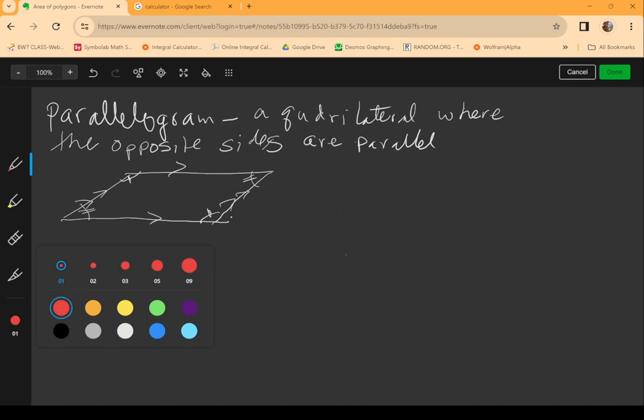So this side congruent to this side here, and then this side congruent to that side there, right? So opposite sides not only are they parallel, but they will also be congruent. Okay, so those are some properties of the parallelogram, right? Even though the strict definition is just that the opposite sides are parallel, all these other properties can be proven with triangle congruence. But we won't be doing that here in this video.